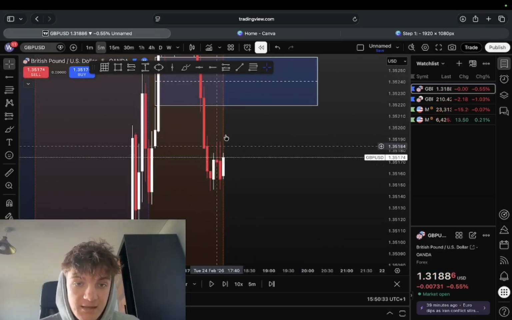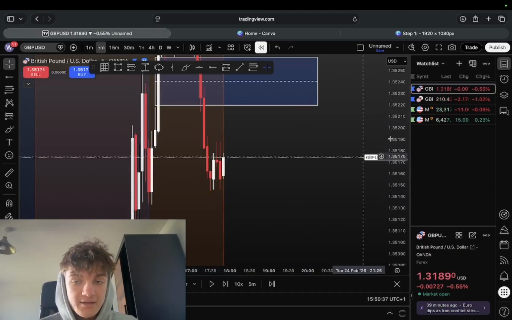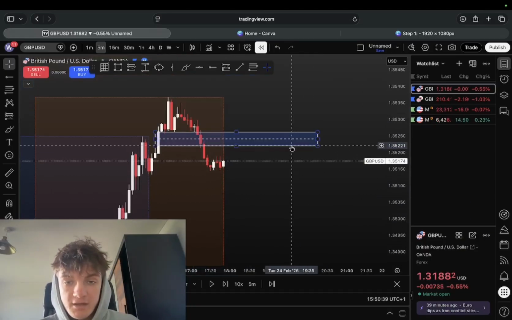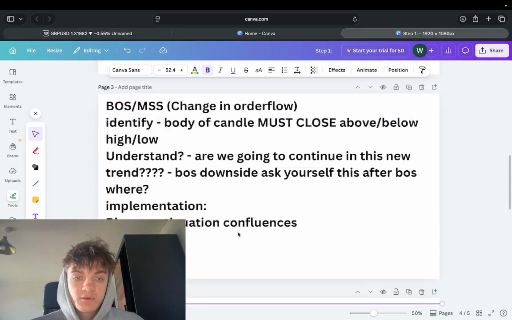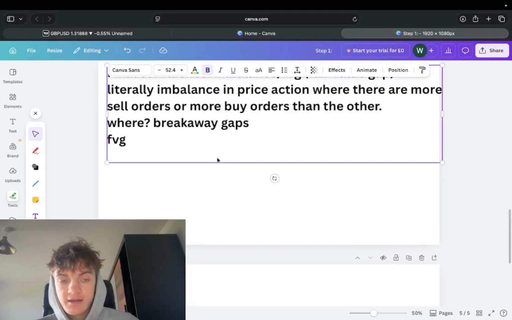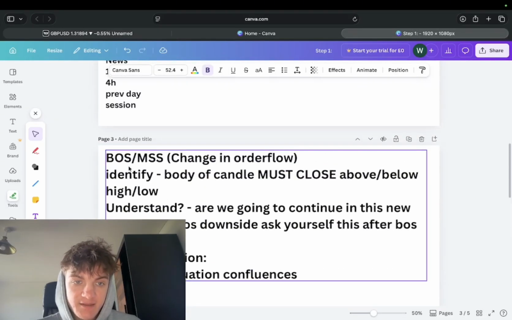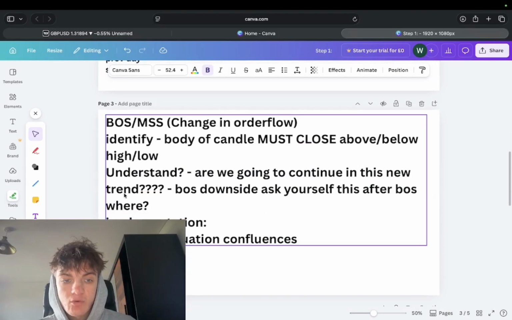Yes, we are, with this imbalance being tapped into here, and then we push down back out of this imbalance. So there you go. Final confluence filled. Yes, we kind of had a fourth, I know, but they link together. It's more of a change of order flow rather than technically an inverse fair value gap or a break of structure.